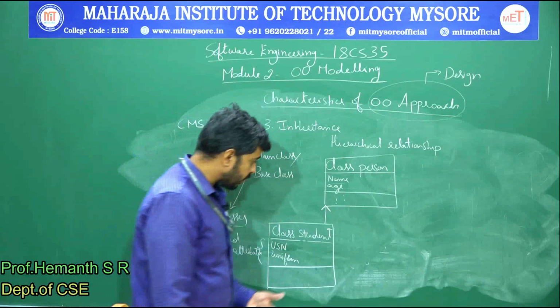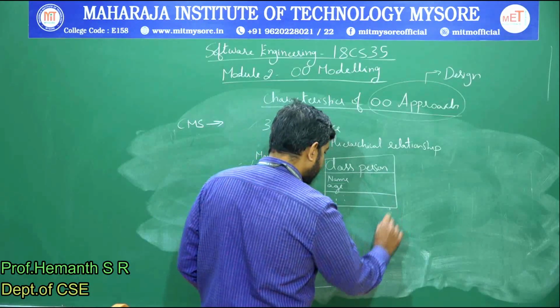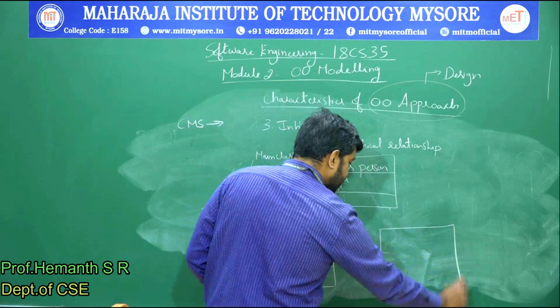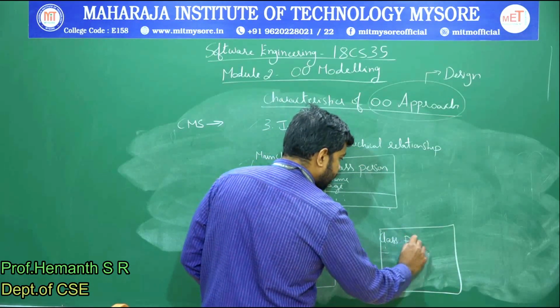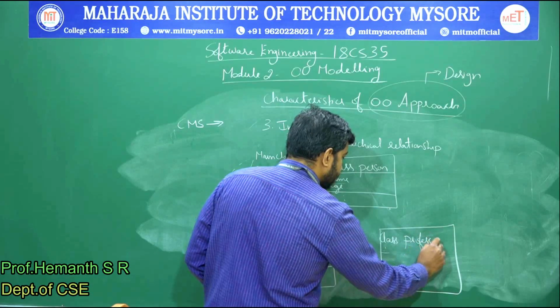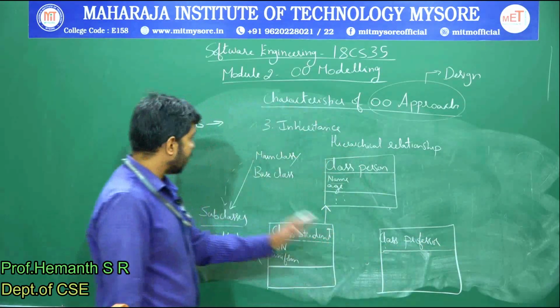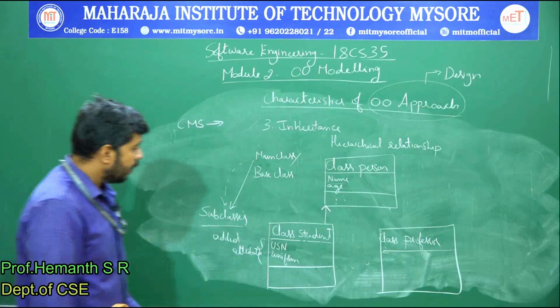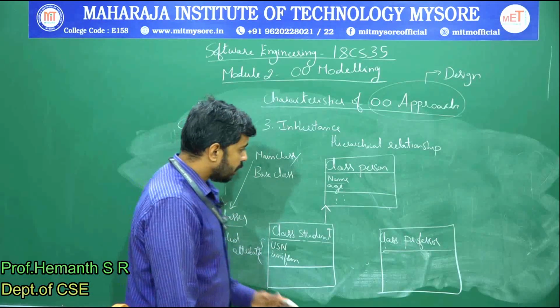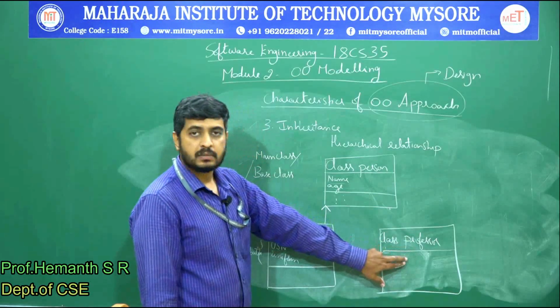So we can have maybe one more entity here, one more subclass. So maybe class Professor. Since we have taken the college management software, class Professor can be one more entity. Now what are the things that can be unique to a professor?